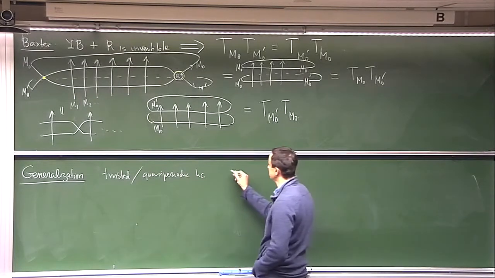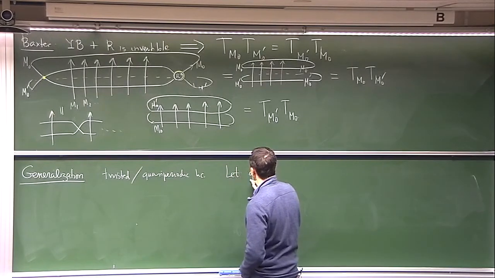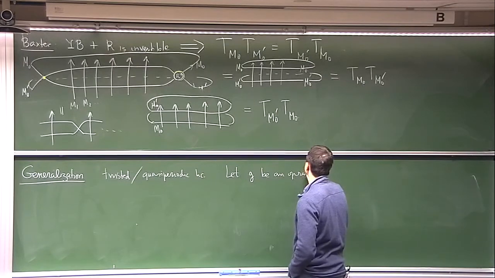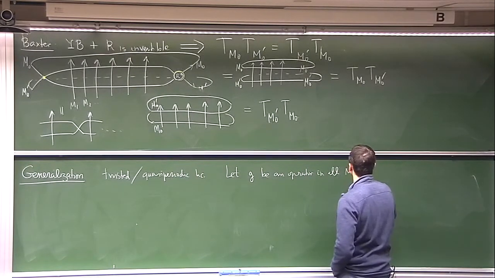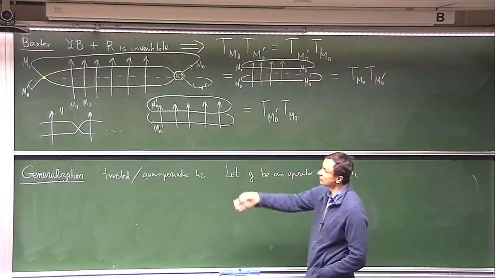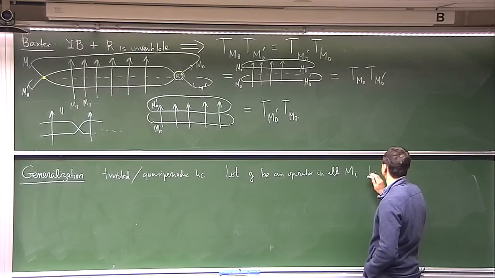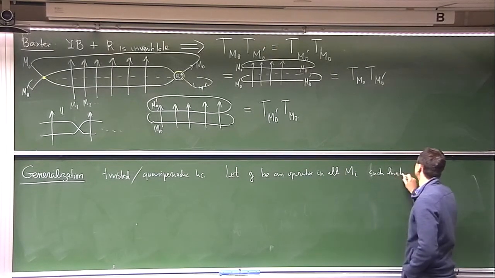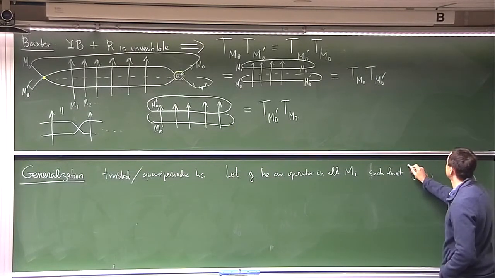Suppose let G be an operator in all Mi. We think of it like a group element that acts in all of these tensor products, such that J tensor G commutes with all our matrices.